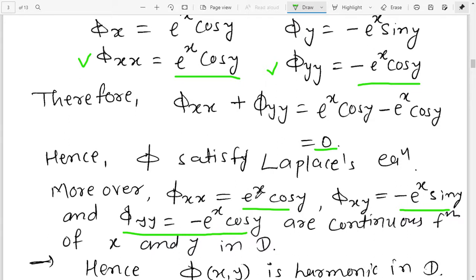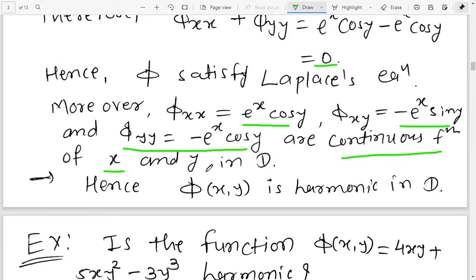Exponential functions and trigonometric functions are continuous, and the product of two continuous functions is also continuous. So all second order partial derivatives are continuous functions of x and y in the domain. Hence, phi of x y is harmonic in the domain.